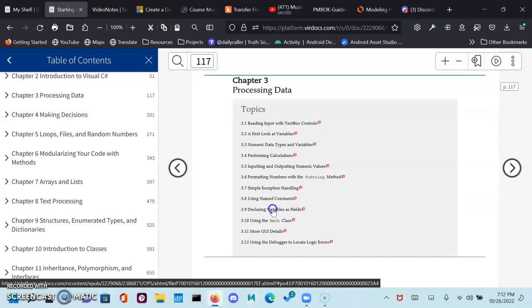Okay, I'm going to move back one more, chapter 3. This is fundamental data types for the most part.